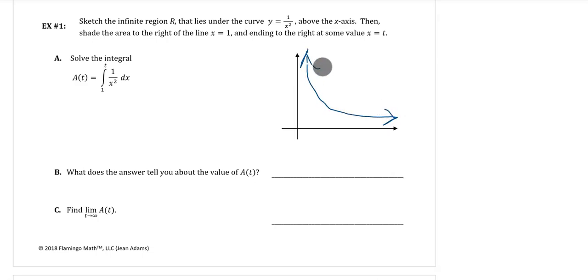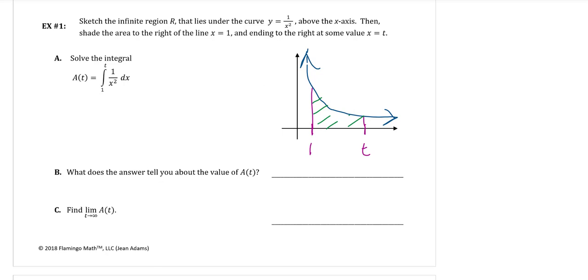We want to bound this between the line x equals 1, so here's 1, and some number t over here. And then we're looking at this region right here. Now, the idea is that eventually we're going to extend t out to infinity.